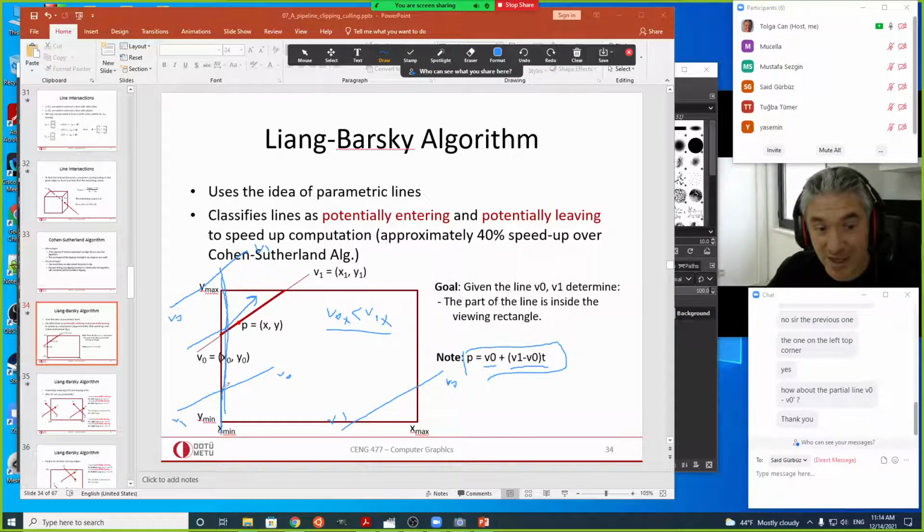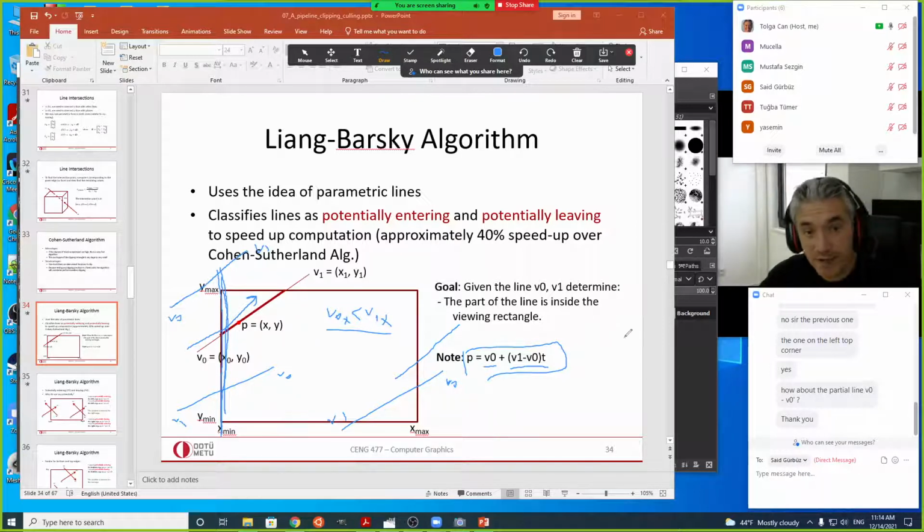So it's potentially entering with respect to the left boundary. With respect to the right boundary, if this case occurs, it is potentially exiting the clipping window. So each line is labeled like this by just looking at its x, y coordinates, with respect to a certain clipping boundary.